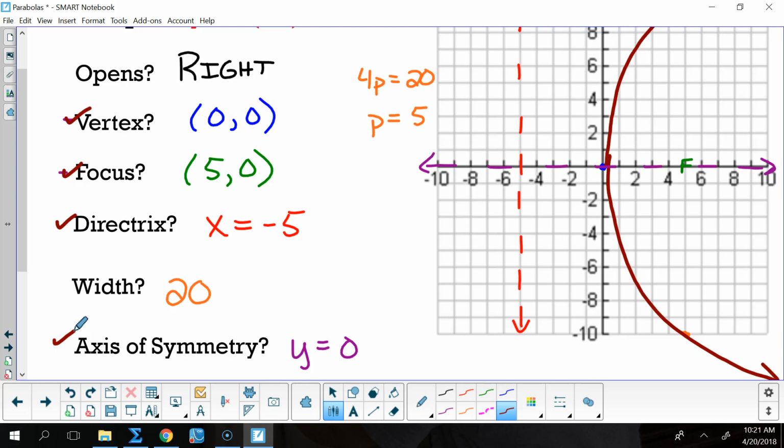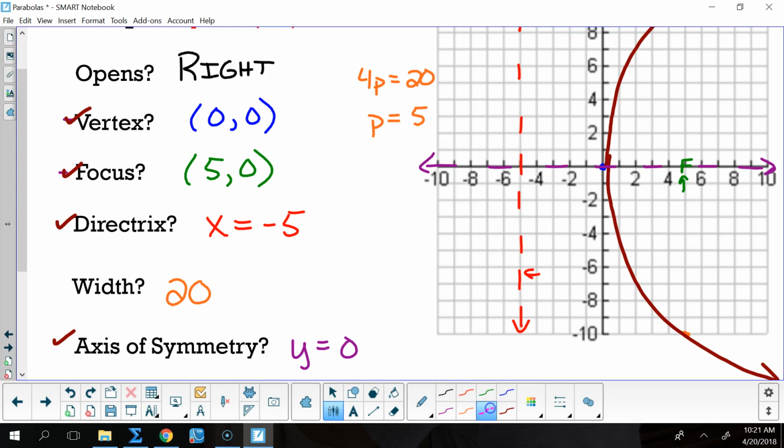Yes, sir? I'm not sure if you said this yesterday or not, but what exactly does the directrix do for us? Remember that a parabola is all points equidistant from a point and a line. So it's the line that all those points are equidistant from.